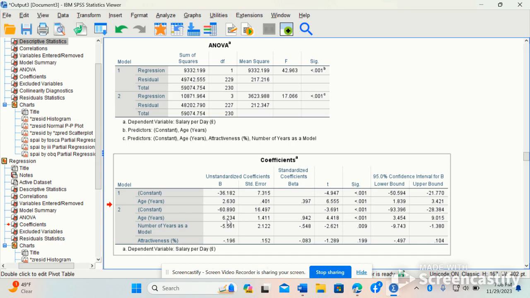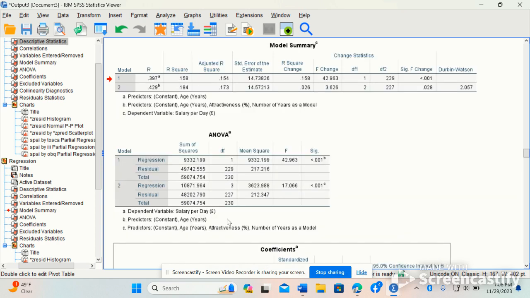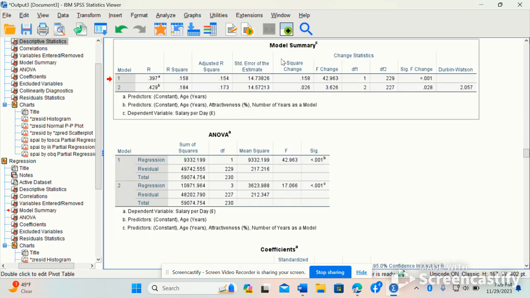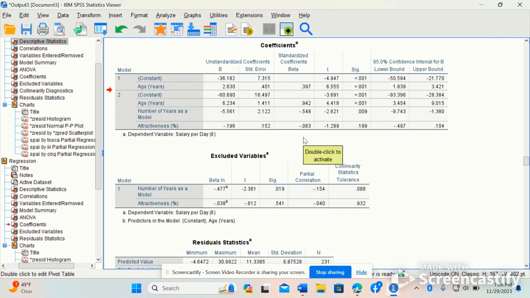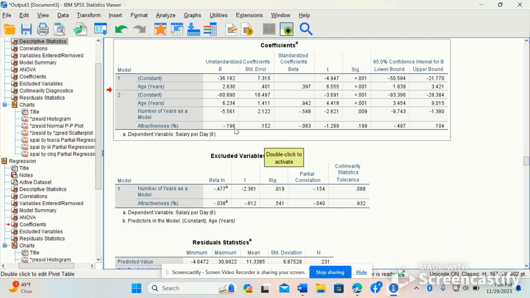Next, are the residuals as you would expect for a good model? I think no, because I kind of expected more of a change between them. And honestly, I'm really surprised that attractiveness had such little effect.